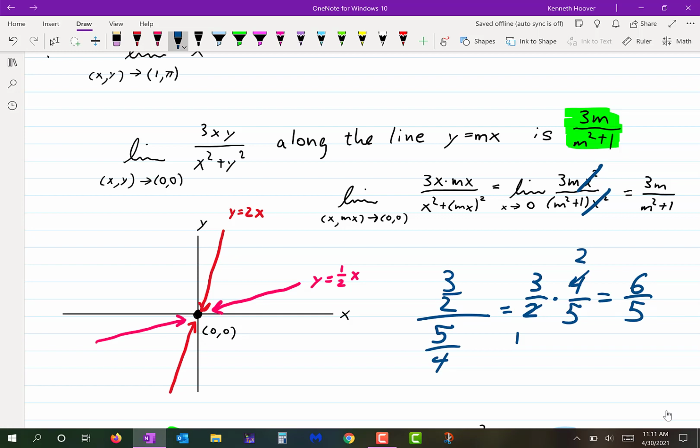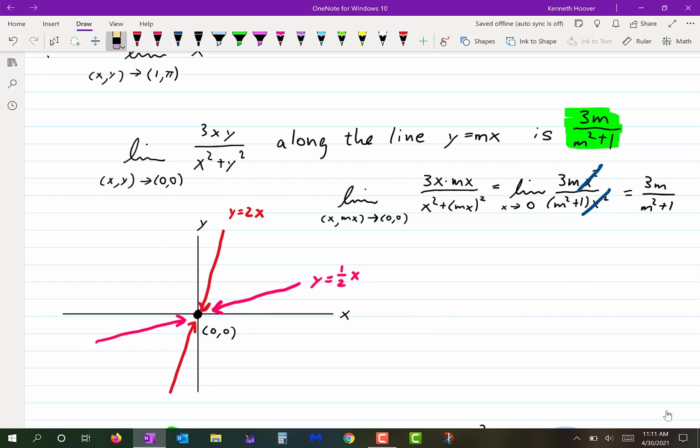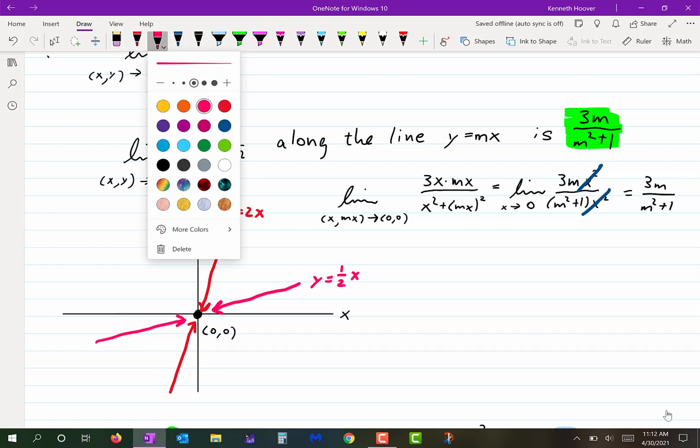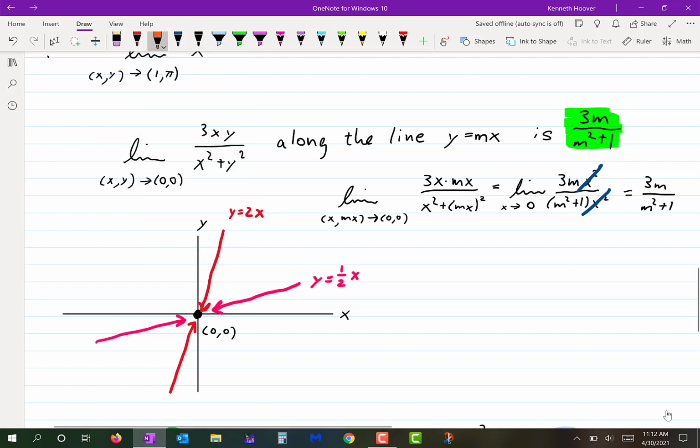It's the same limit. But we did find what? We did find that if we approach along the parabola, y equals x squared, then you get something different. What if you approach along the line, let's find a different shade of red here. Well, we'll have to use orange.